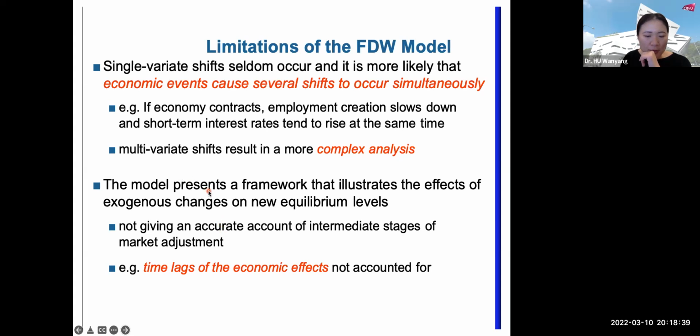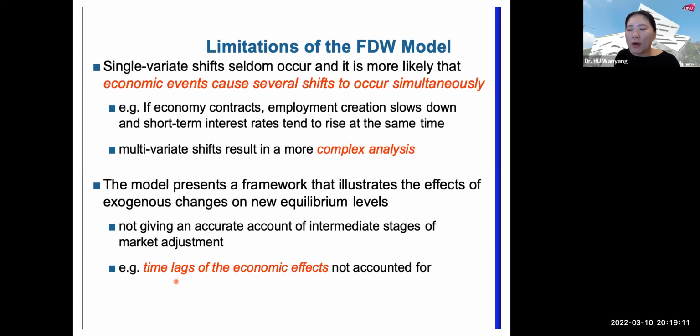The FDW model only illustrates how an exogenous shock, either political or economic, leads to the new equilibrium levels, but we don't really know the accurate account of the intermediate stages of the market adjustment. We can only see the result, but it's very difficult to track what happens in the middle.